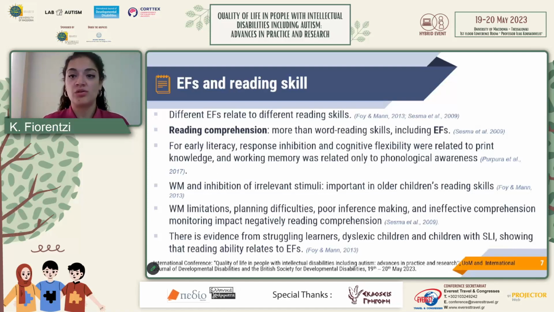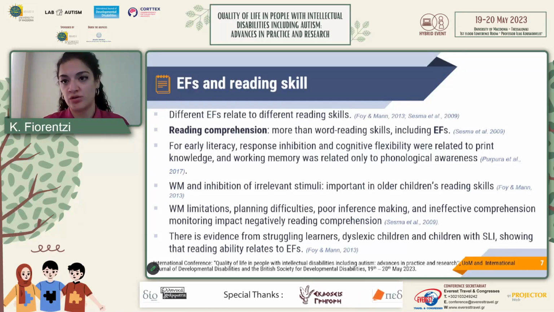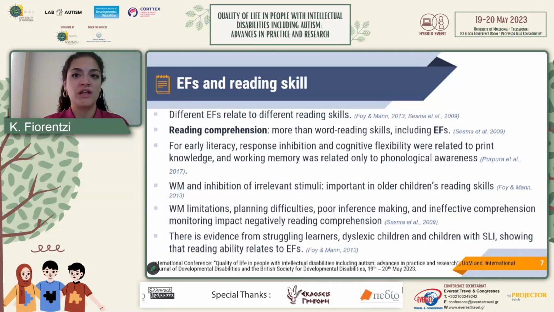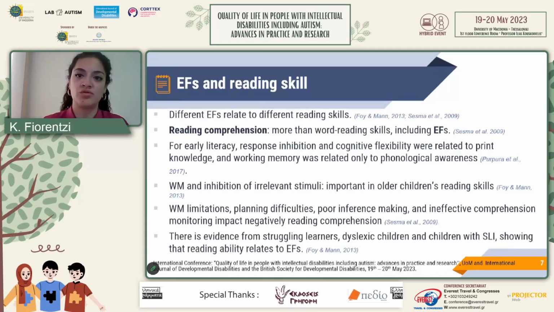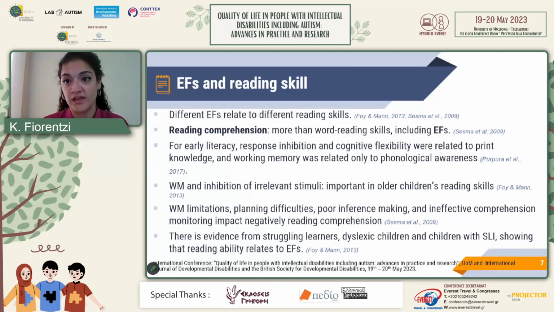Reading comprehension is one of the most complex reading skills because apart from word reading, it calls for executive functions. So reading comprehension involves also the strategic allocation of attention. It calls for the retrieval of background information, the mental organization and representation of a text.